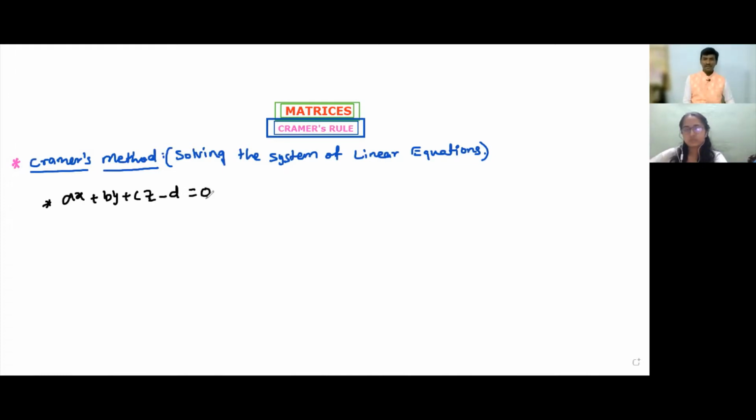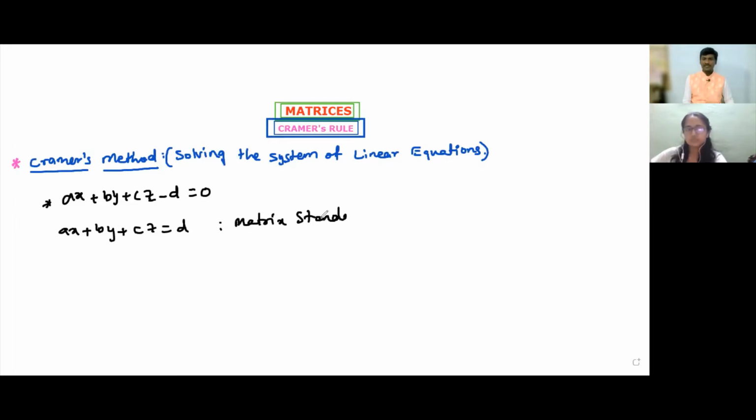If the given equations are in this form, then we convert them into the matrix standard form, that is ax plus by plus cz is equal to d. This is the matrix standard form.